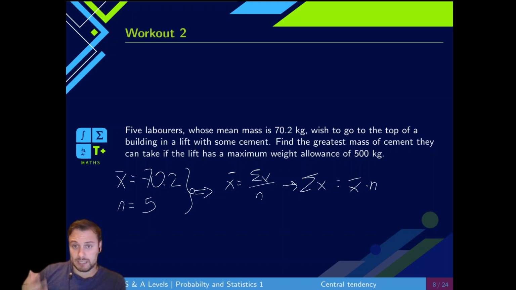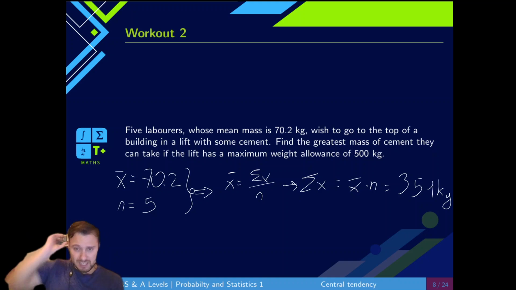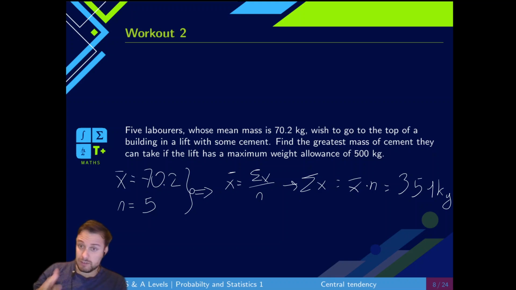The mean is 70.2 and n is 5, so this operation is going to give us 351 kilograms. This sum of totals is very useful because we know that if all of the laborers are inside the lift, then their masses combined is 351 kilograms.